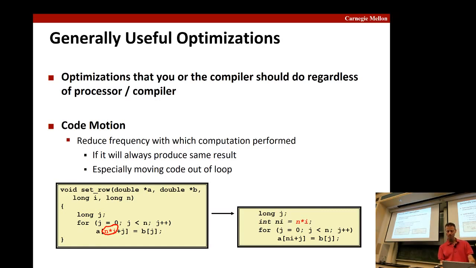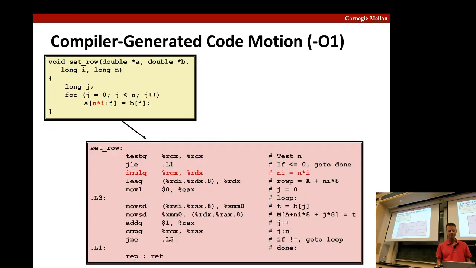So instead, you just want to pull it outside the loop. Inside the loop, you're just referring to the result of that multiplication. That's how you do it in C code, but as we'll see, the compiler will do that automatically. Here you can see that you've computed n times i, n minus 1, and it's outside.